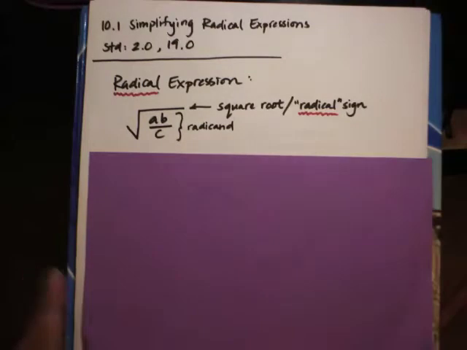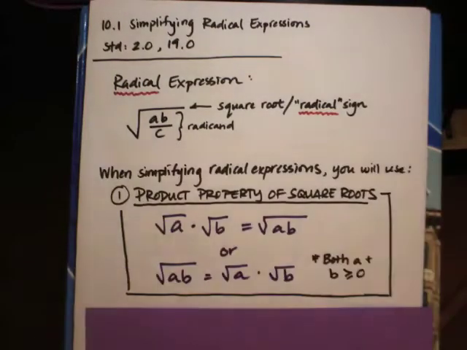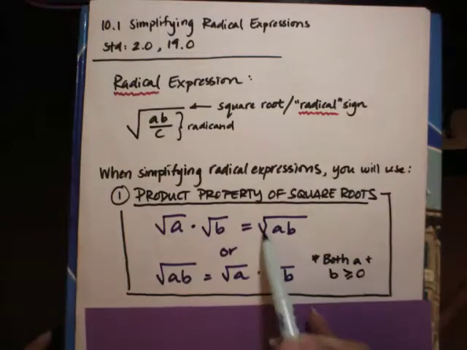Okay. So one of the rules when you're simplifying radical expressions is called the product property of square roots. And what that states is if you are multiplying together two square roots, you can combine them under one radical sign.